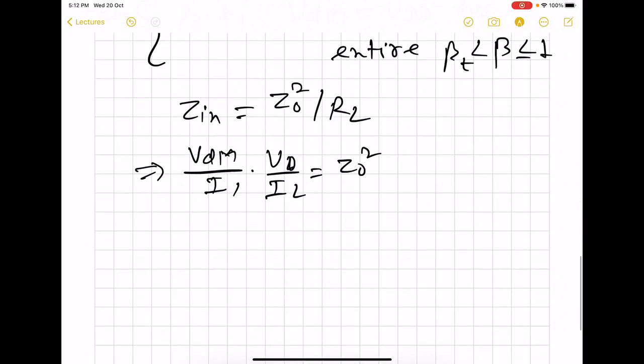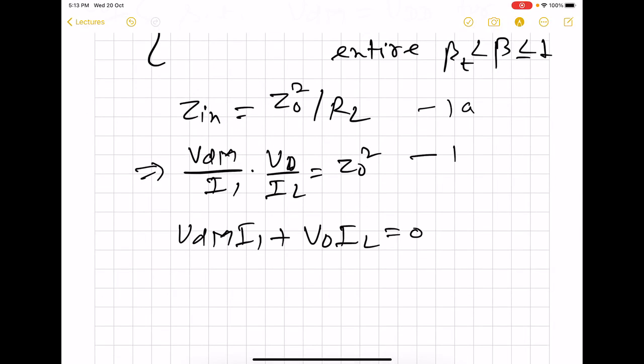So this comes from the first equation, and then another equation that will be useful is this one. So we have already used this one, say equation 1a, 1b, and 1c.